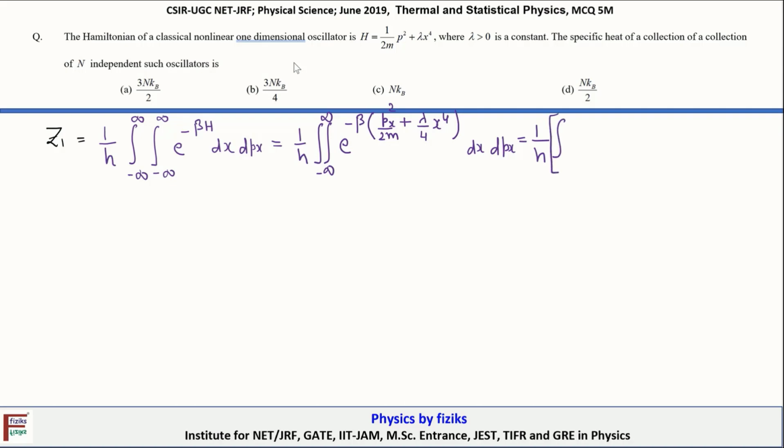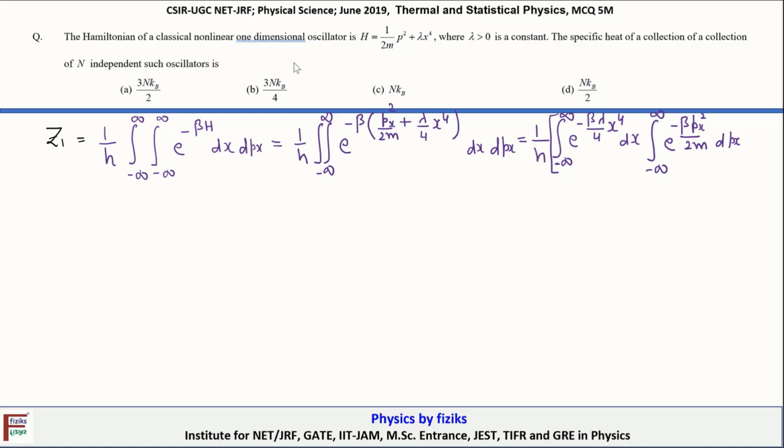Then the integral from minus infinity to infinity of exponential minus beta lambda by 4 x power 4 dx, bringing the second term to the first place here, and then the integral corresponding to the momentum coordinate, exponential minus beta px square by 2m dpx.